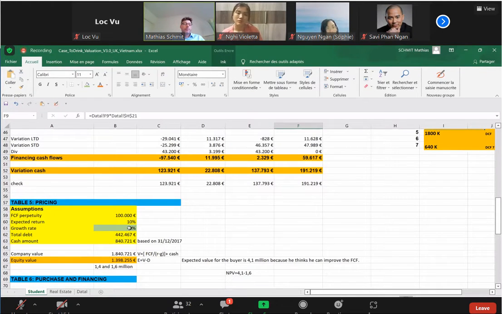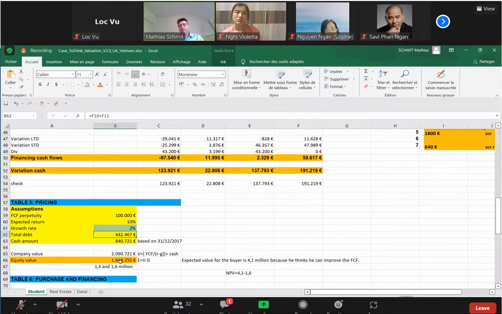So, in fact, if the seller wanted to negotiate, they could negotiate something like this, and they could sell it at something like 1.6, 1.7 million.